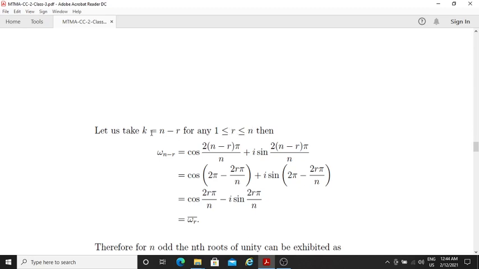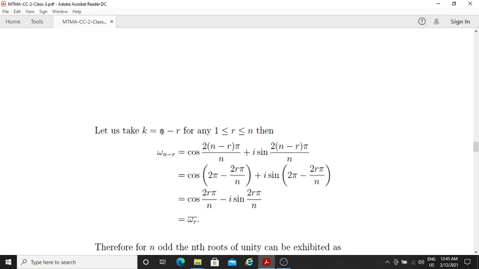Now what is happening here? If r is running from 1 to n, then n minus r definitely lies between 0 and n minus 1.